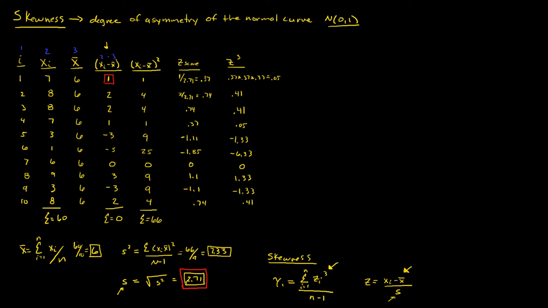And so now we have everything we need to complete the actual calculation, because the only thing we have to do now is sum. That's what this is saying. Sum from i equals 1 through n, so that means 1 through 10 in this case, of all these cubed z-scores.